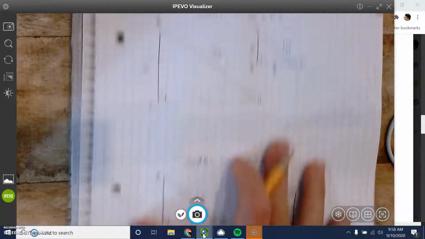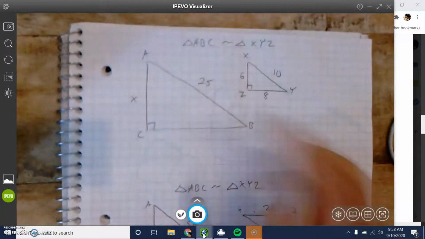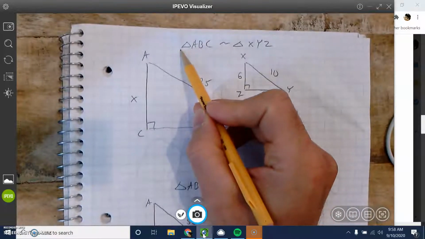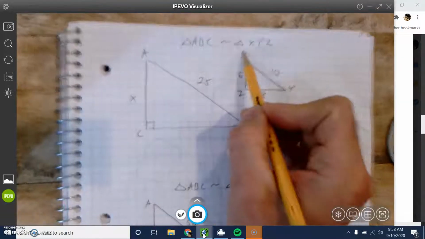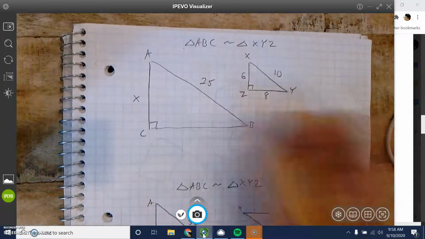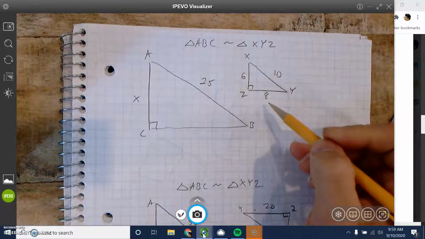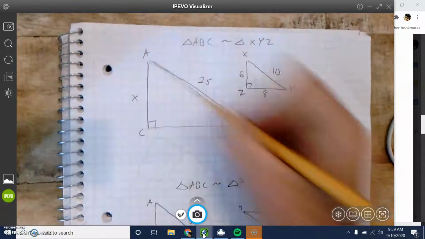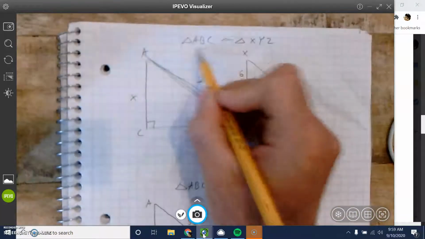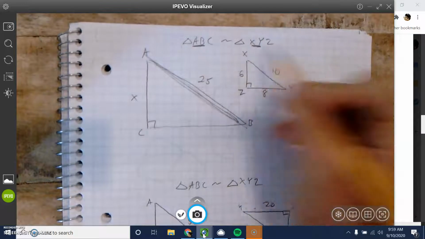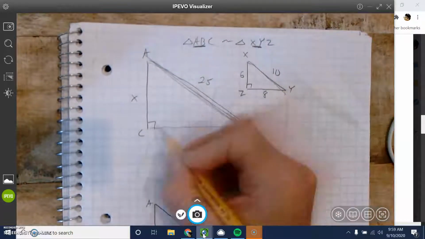All right, here we go. Here's my number 1. I also write this statement because it's going to help: triangle ABC is similar to triangle XYZ. There are multiple ways to do this, but this is the way I like to do it. I know that AB, the first 2 letters, is that side, and the corresponding side is XY, which is the hypotenuse.